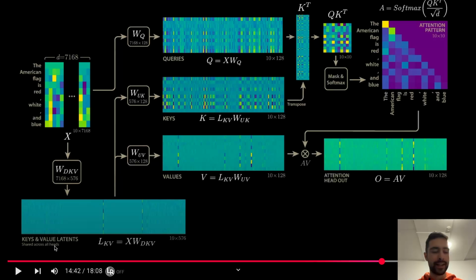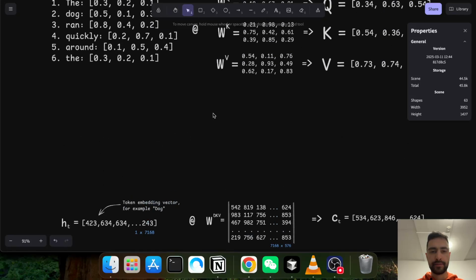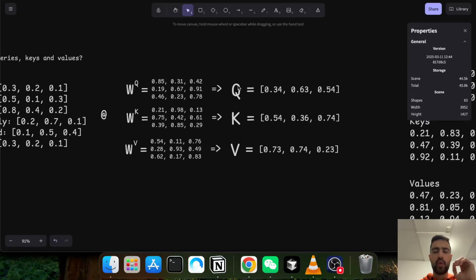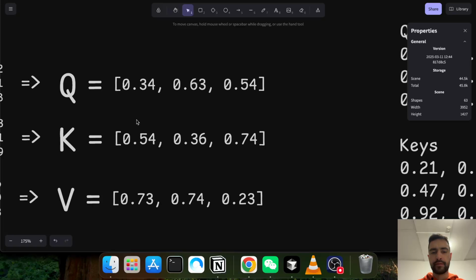Now, what are heads? I didn't talk about this at all. If we go back here, heads, you can imagine them very simply. We are calculating query, key, and value. What we do is we just separate this long vector into a bunch of, say, 8 smaller vectors.